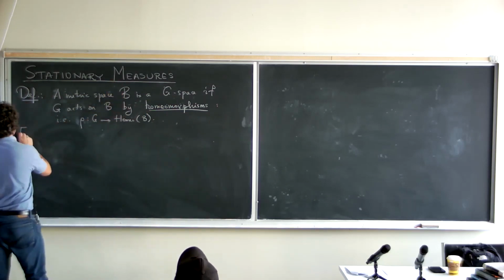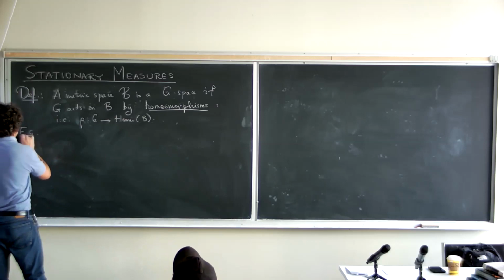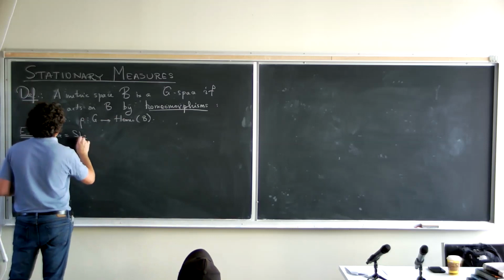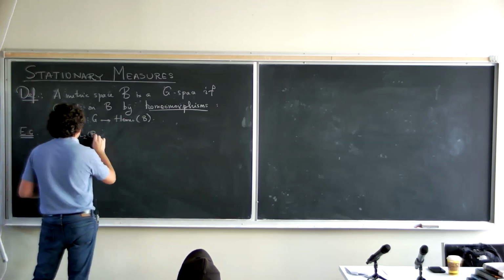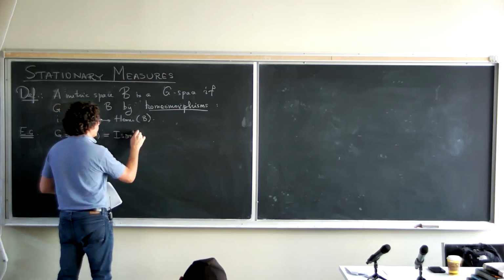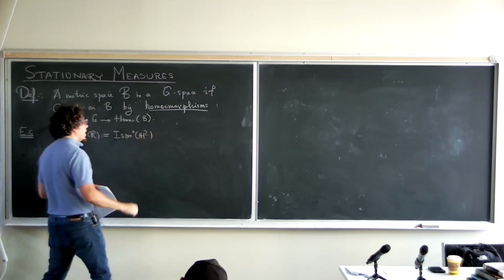Whenever we put B, you have to think of it like that. And in fact, the most important examples for us would be the group SL2R or PSL2R, which is the group of isometries of the hyperbolic plane.